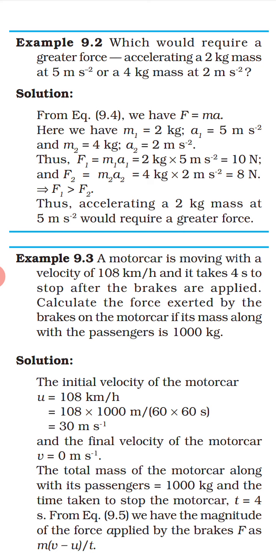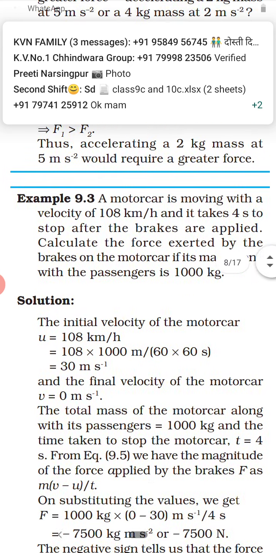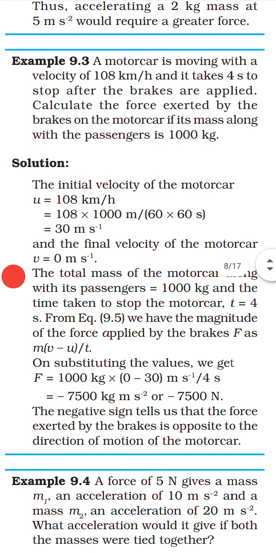Now a motor car is moving with a velocity of 108 km per hour and it takes 4 seconds to stop after the brakes are applied. Calculate the force exerted by the brakes on the motor car if its mass along with the passenger is 1000 kg.